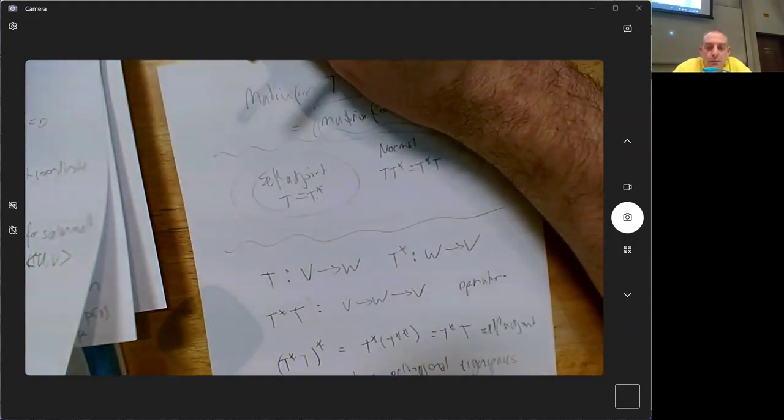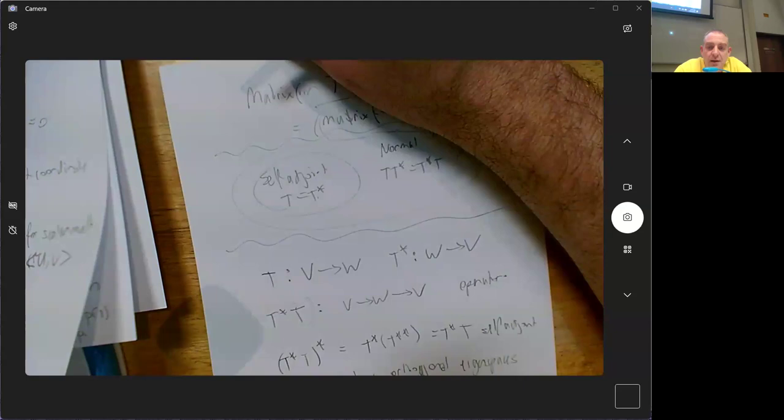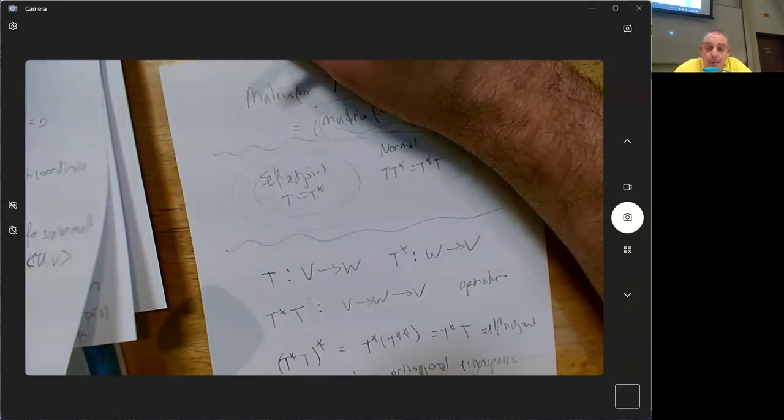Okay, so when you do the singular value decomposition, oh fun, the number of positive singular values is the dimension of the range.